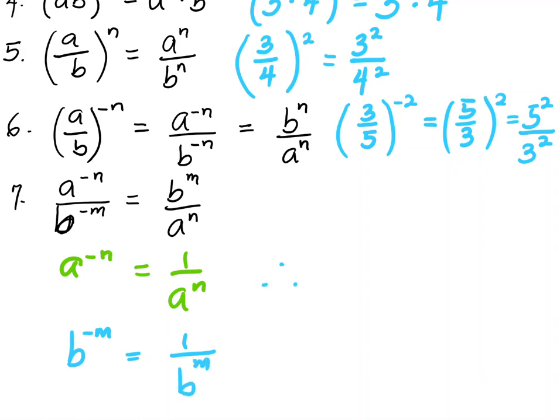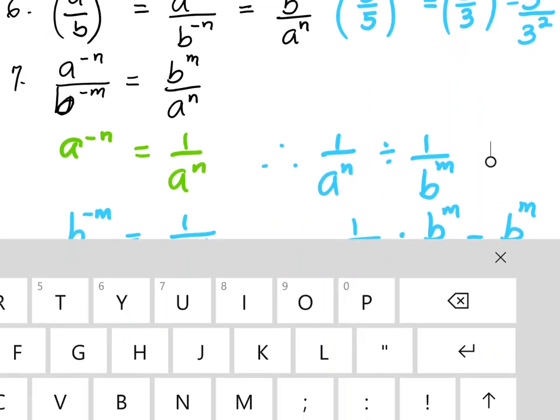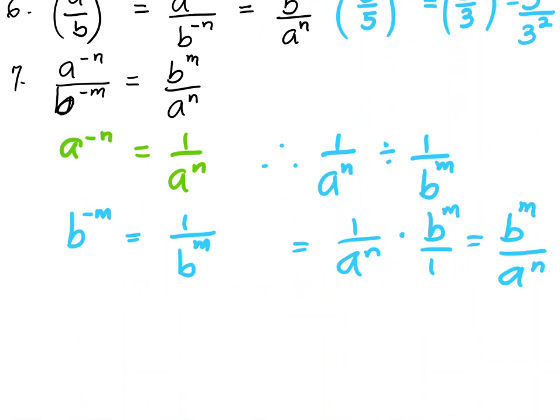And what we then have, do not forget this is A raised to power of negative n divided by this, which means we have 1 over A raised to power of n divided by 1 by B raised to power of m, which is 1 by A raised to power of n times B raised to power of m divided by 1, which is B raised to power of m by A raised to power of n. So we can see that this is exactly what we have here.